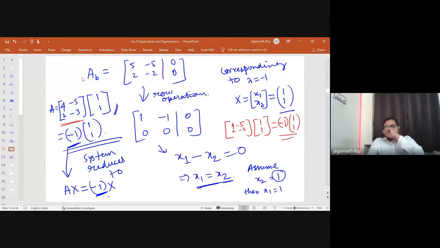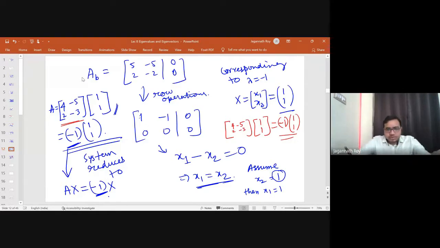So it is also getting scaled, but its direction is going to change. So this is how we find the eigenvalues and eigenvectors for a 2 by 2 matrix.